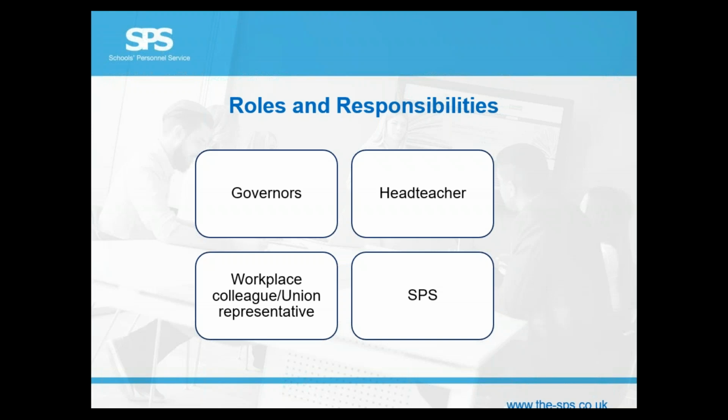And then alongside that redundancy subcommittee panel, you'd also have a separate panel of governors who would be available to hear any appeals against dismissal. Again, that could be a panel from 1 to 3 members. So you can see a redundancy process does require quite significant involvement on the part of members of the governing body.